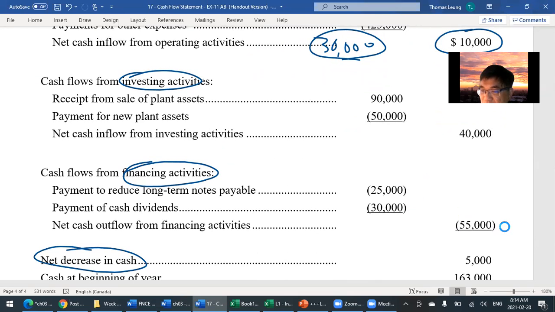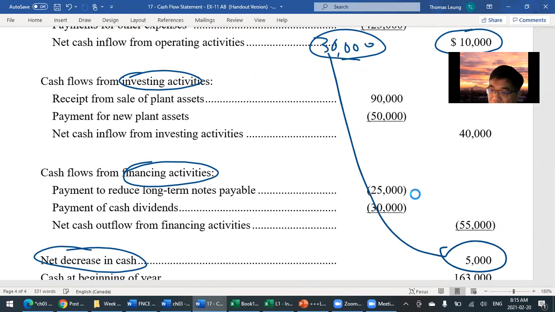So at the end of the day, I have a decrease in my cash position, meaning even though I made a profit of $30,000, I have less money in my pockets. By reading this report, you know why I made a profit of $30,000 but still have a minus cash position at the end of the year, because of these three things.